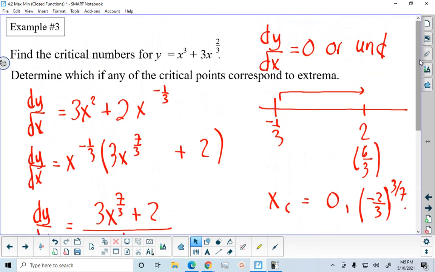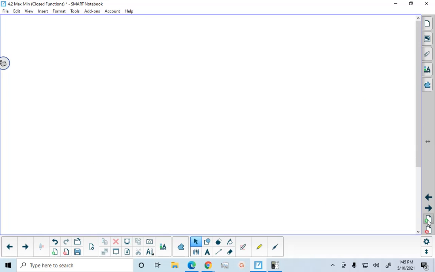We've decided on what the critical values of x are, 0 and this crazy number. How are we going to decide if they are max-mins or not? They could be, but they might not be. What we're going to do is a chart.